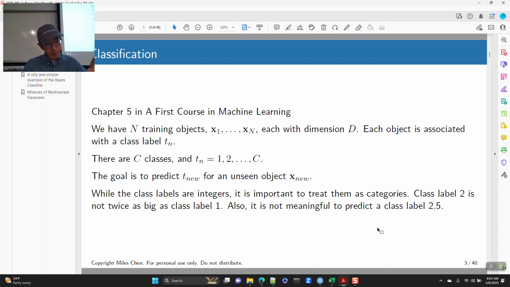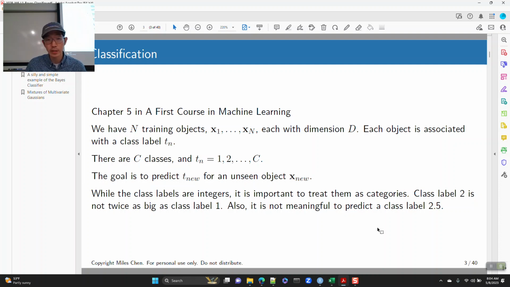Our data coming in, we have n observations. We call these our training objects. They exist in d dimensions, and each of them has some kind of categorical label, which is going to be our target value. The classes or categories that they can belong to, we use numbers 1, 2, up to C, but they're categories.